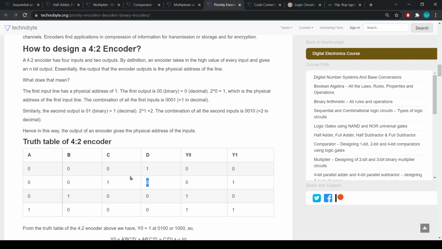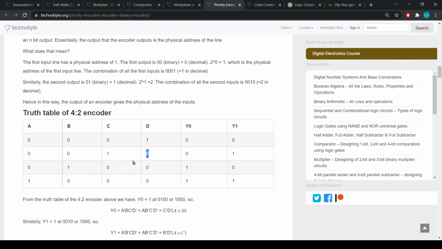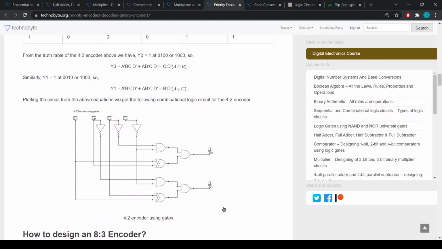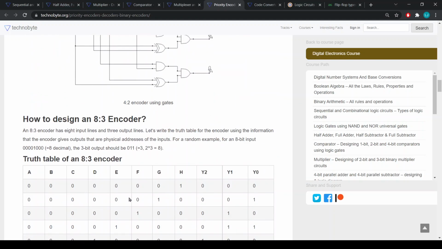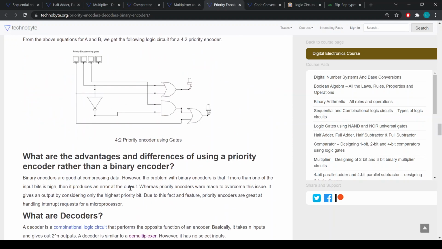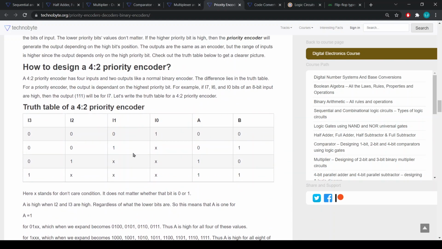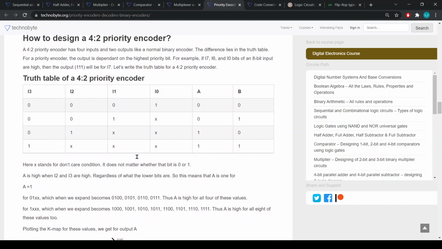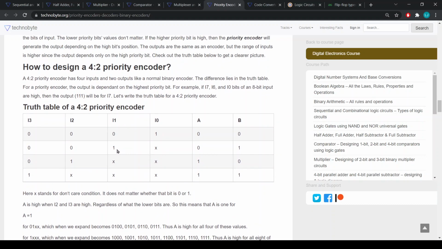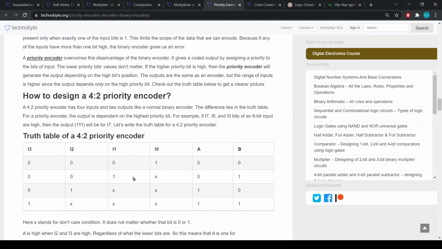So that's where the priority encoder comes in, since an encoder will give you an error if this here is 1. So first, this is the combinational circuit of an encoder, and this is the combinational circuit of a priority encoder. It's much simpler and it doesn't cause any problems if you have 1 here. So a priority encoder does not care about the other ones on the right side, the lower priority bits.